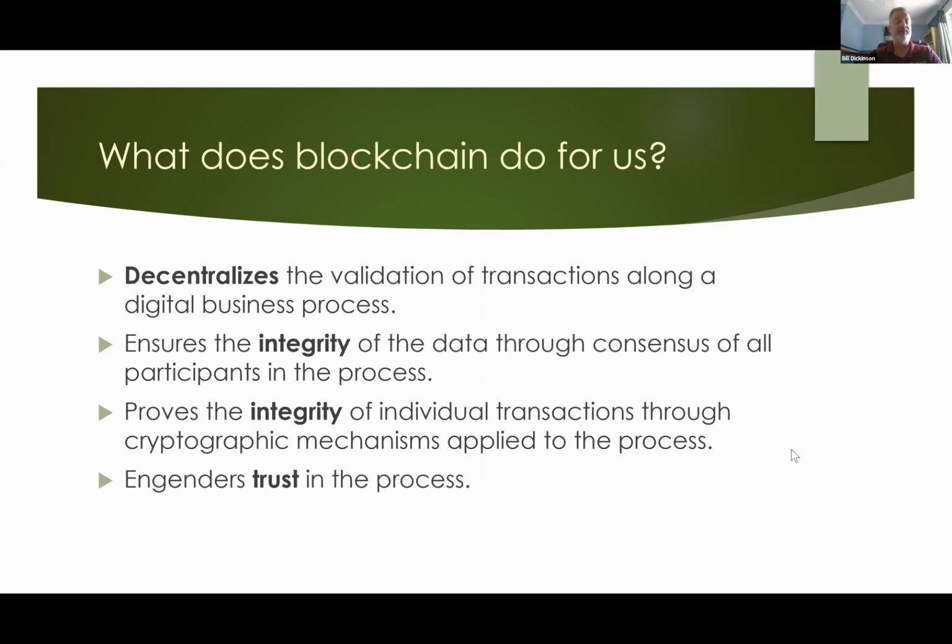We have a way of proving the integrity of individual transactions through cryptographic mechanisms, which all come together to engender trust in the process. So we start out with the problem that has trust as a key factor, and then come up with a technology that can answer the questions of how to make the trust better.